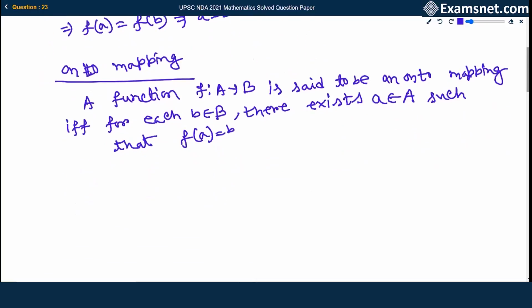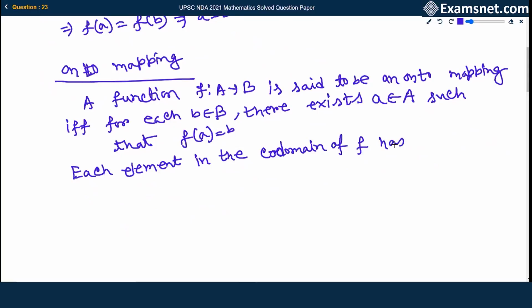What does it mean? It actually means that each element in the codomain of f has a preimage.